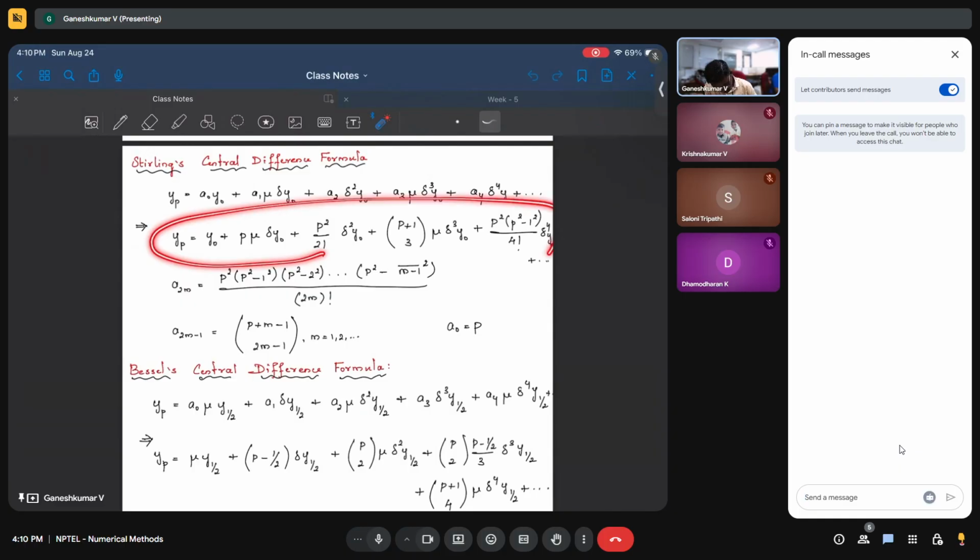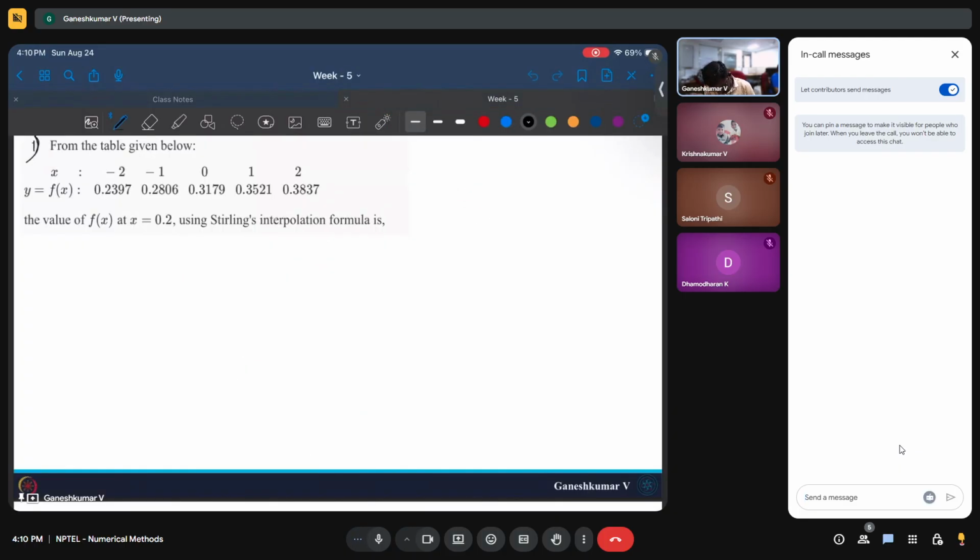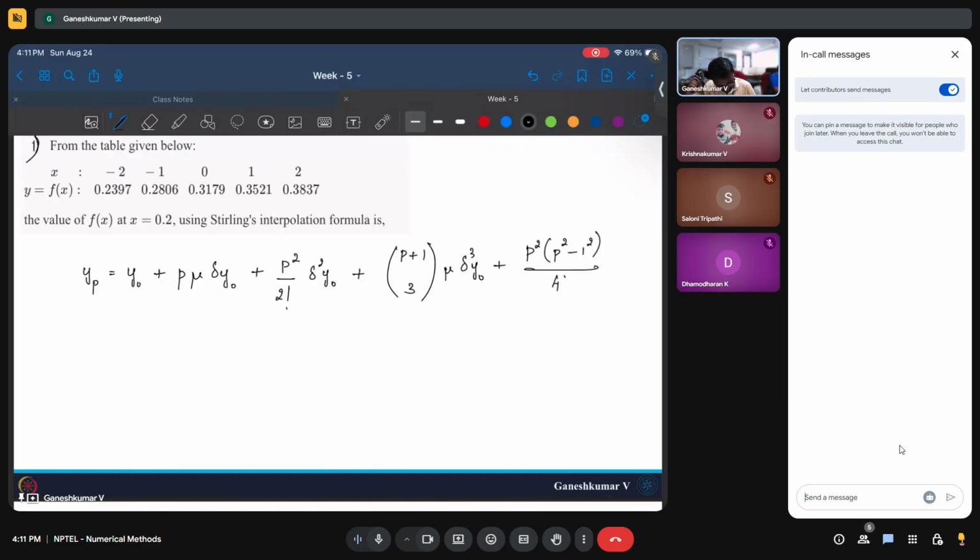This is your polynomial, which is yp equal to y naught plus p mu delta y naught plus p square by 2 factorial delta square y naught plus p into p square minus 1 by 3 factorial mu delta cube y naught plus p square into p square minus 1 divided by 4 factorial delta power 4 y naught, and you can keep on writing like this.